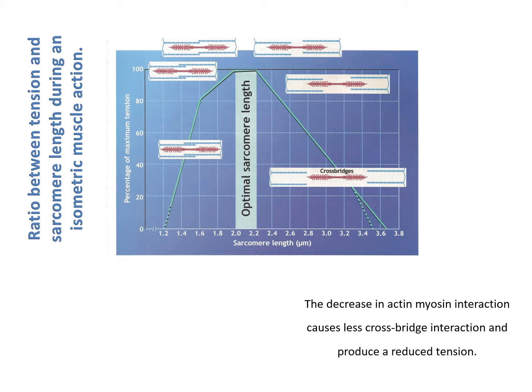The decrease in actin-myosin interaction produces less cross-bridge interaction and causes lower tension. This also applies to the heart. You do not want a stiff or non-compliant heart. One also does not want a stretched out heart, for example. This is heart failure.